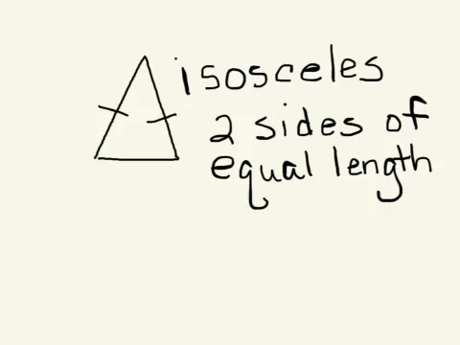So an isosceles has two sides. Maybe a mnemonic would be to look at SOS. Two sides are the same, one is different. The S's are the same. I have two S's and one O. The O is different. So that's a good mnemonic. Two sides have equal lengths.